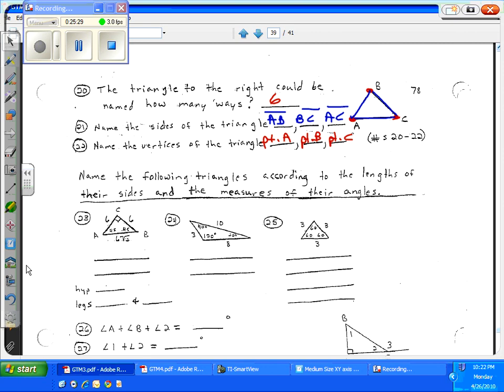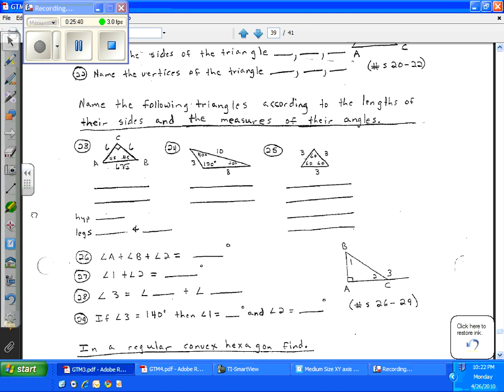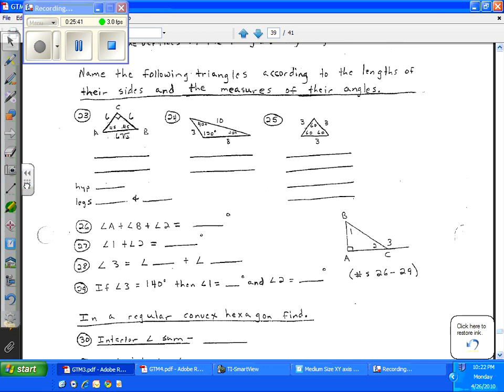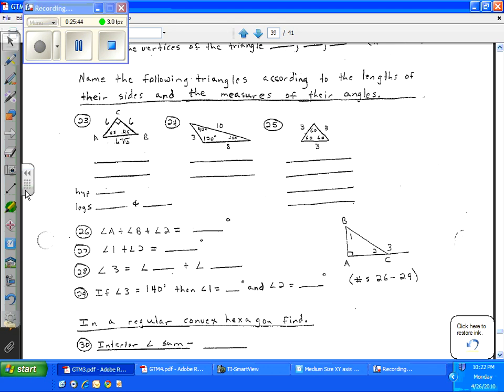Any questions on the definition of and the parts of a triangle? Now we're going to classify a triangle according to the lengths of its sides and the measures of its angles. Remember that a triangle with no equal sides is called scalene. A triangle with at least two equal sides is called isosceles. A triangle with all three sides equal is called equilateral.